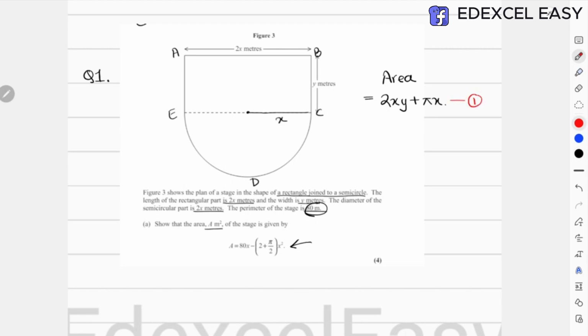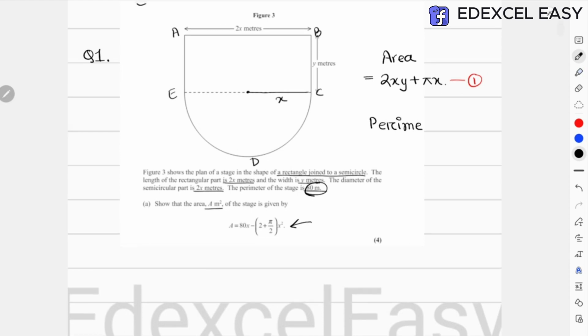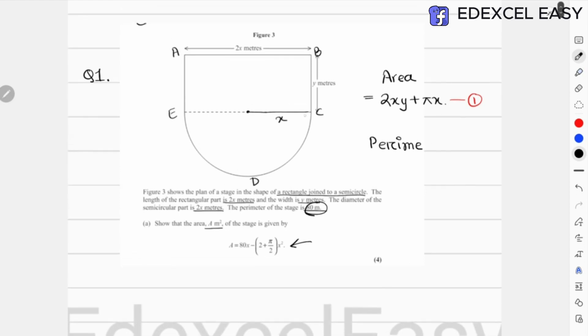Then I'm going to find the second equation in terms of y. I already know the perimeter is 2y, 2x, and the half circumference of the semicircle. So for this perimeter, I'm going to write 2y plus 2x plus the circumference. Sorry, one minute.